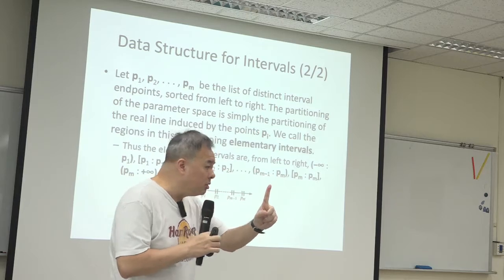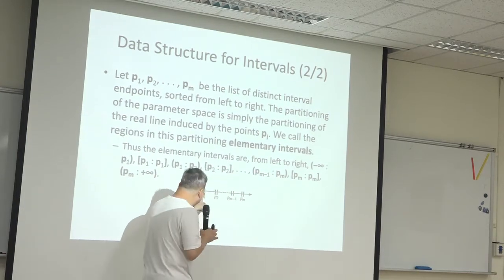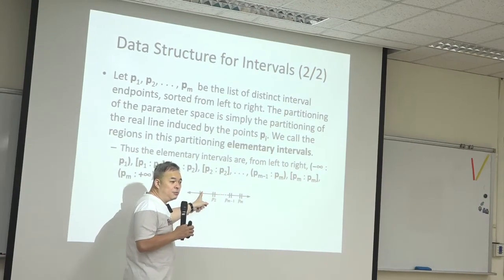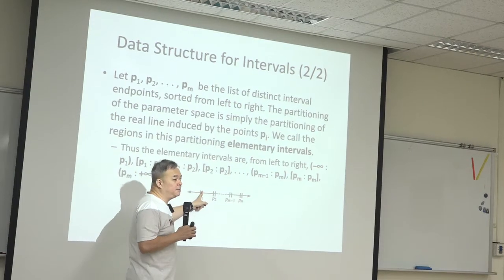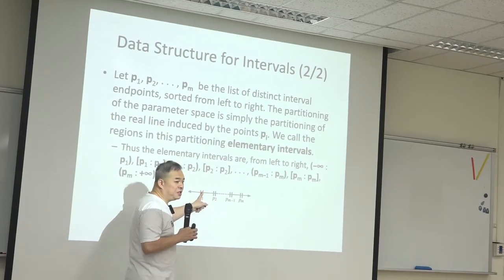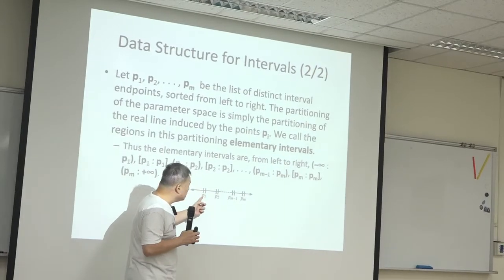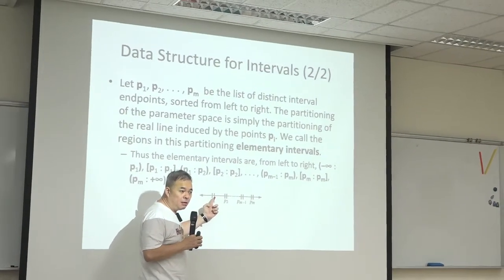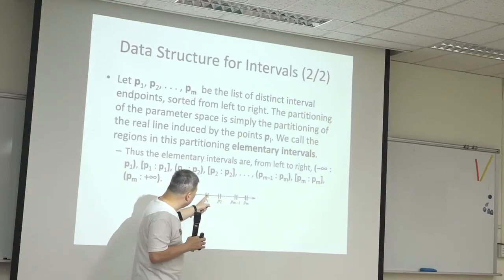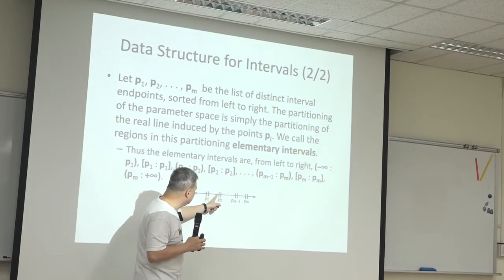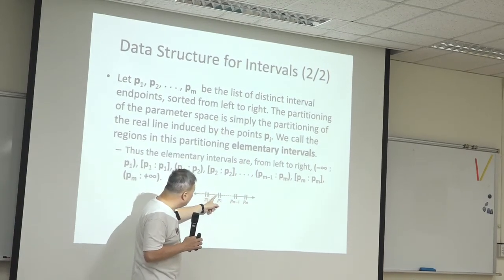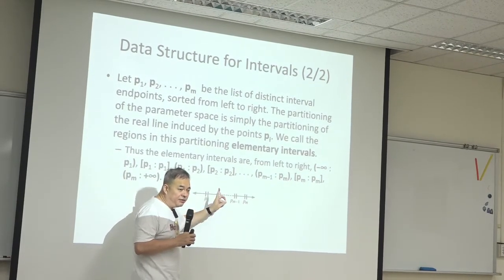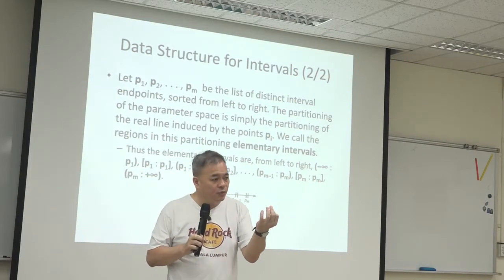And when Qx appears to be exactly at P1, your answer suddenly changes to the interval that contributes this endpoint. And when you enter here, the answer will be the same. And when you reach P2, it's the time when your answer will change.